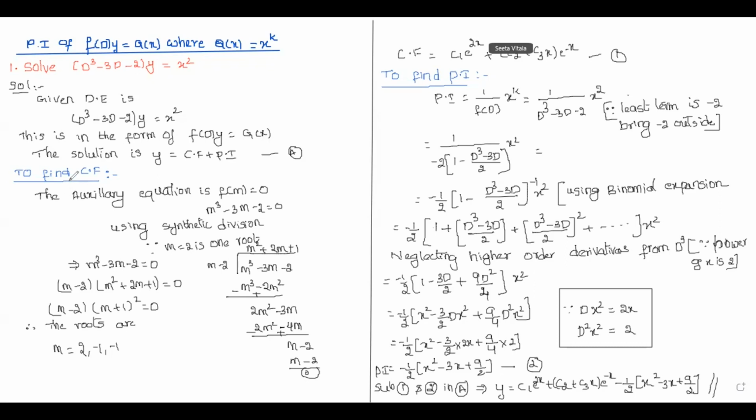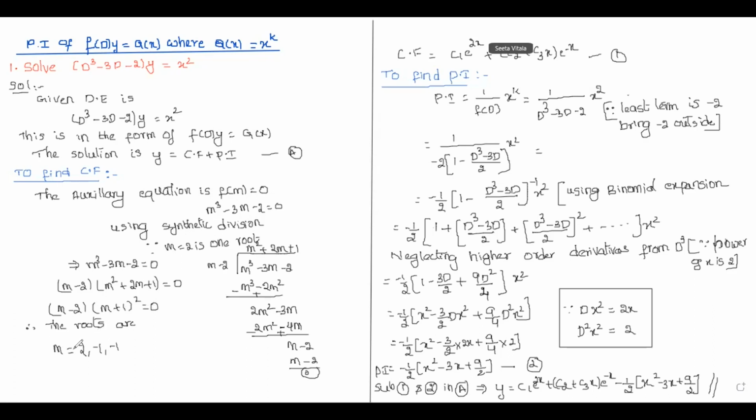To find the complementary function, the auxiliary equation is f(m) = 0, which implies m^3 - 3m - 2 = 0. Using synthetic division, m = 2 is one root. After synthetic division, it becomes (m - 2)(m^2 + 2m + 1) = 0, which is nothing but (m - 2)(m + 1)^2 = 0.